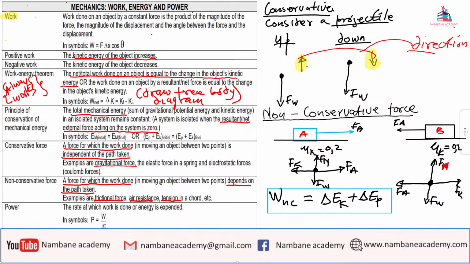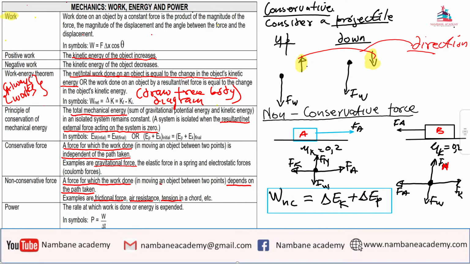Power is defined as the rate at which work is done or energy expended. Let's just say the rate at which work is done. The formula is there in symbols. P is equal to W, which is work, over time, and time must be in seconds.